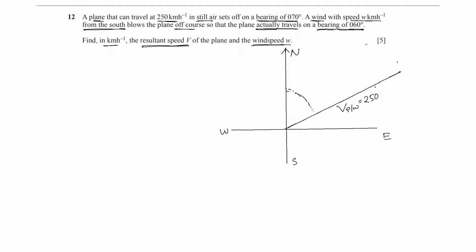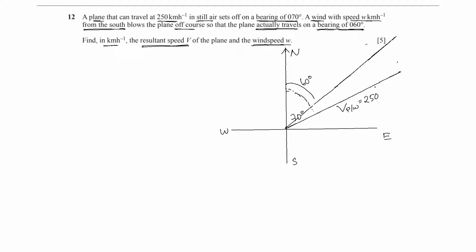So let me put the value 70 degree, which was the value of this angle. This is 70 degree, and the question says the resultant velocity goes on a bearing of 60 degrees. So let's say this is my 60 degree. So the direction of the resultant velocity will be in this direction.